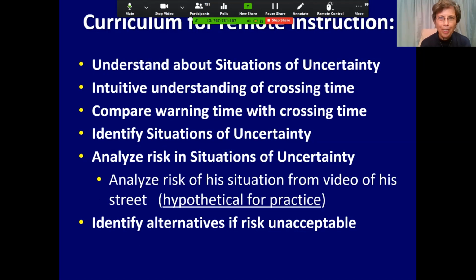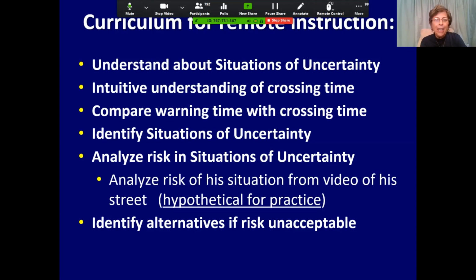So here's my curriculum for teaching remote instruction to Jeremy. First of all, I wanted to have a discussion about what situations of uncertainty are and what kind of things you should be looking for. Then we had him develop his intuitive understanding of crossing time, which we've done with you folks. Got your foot in the water on that one.